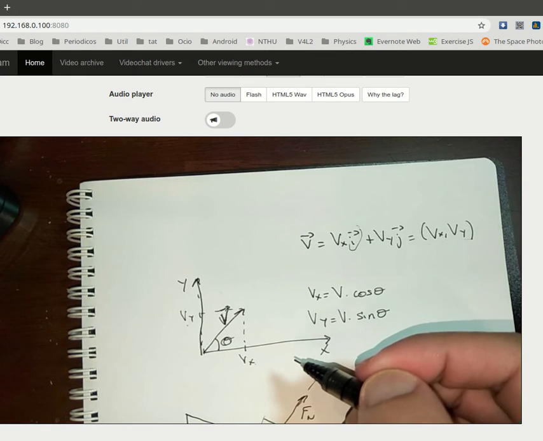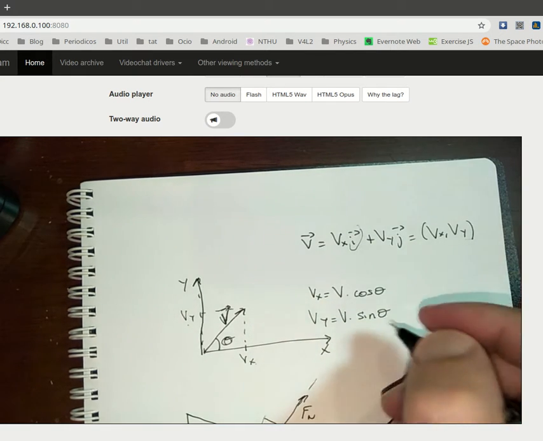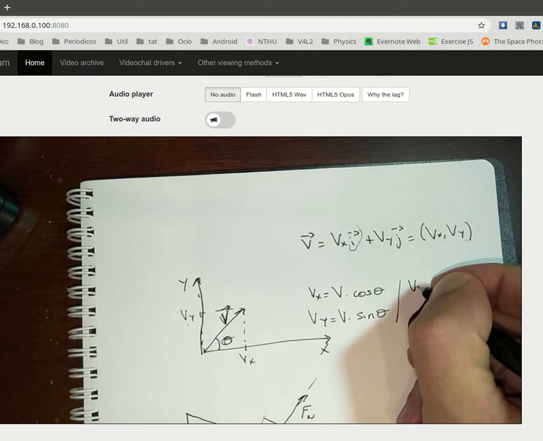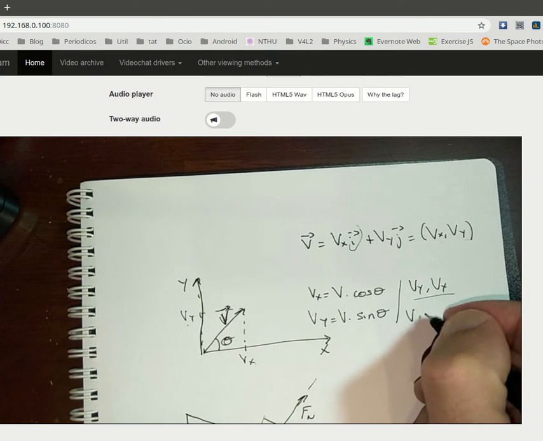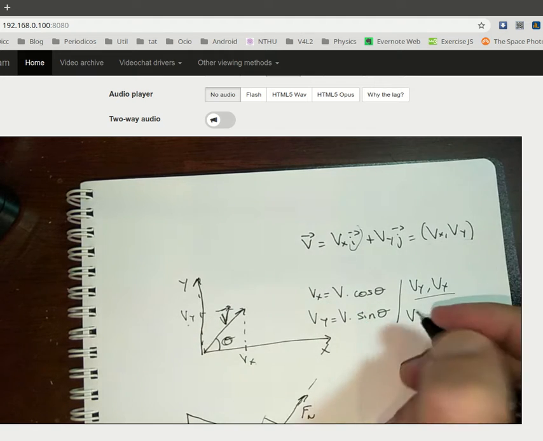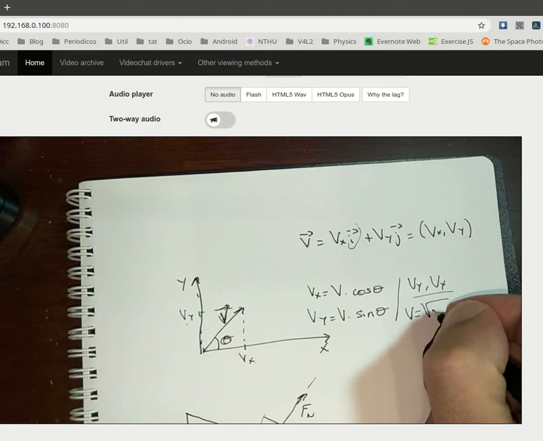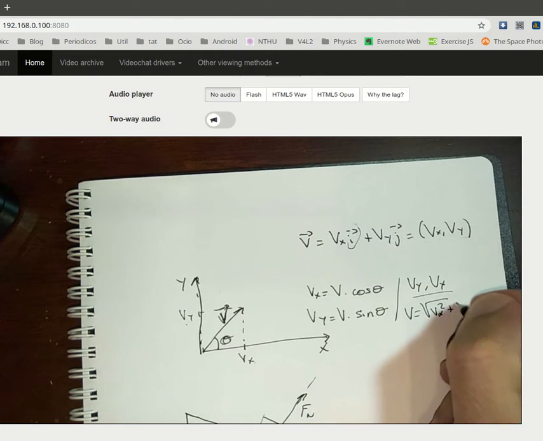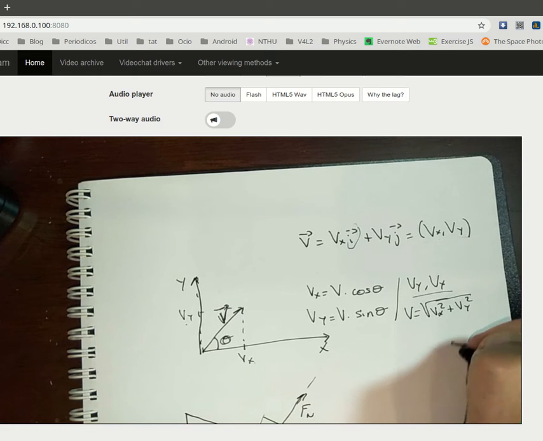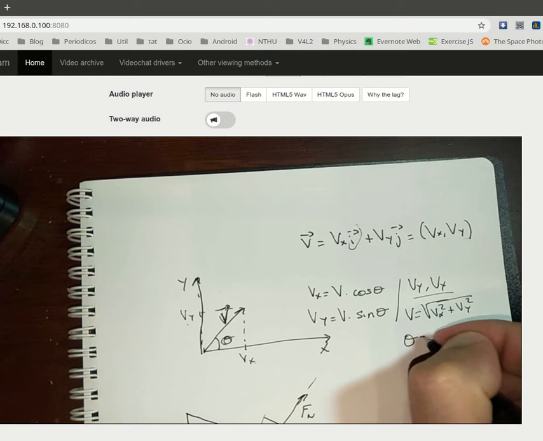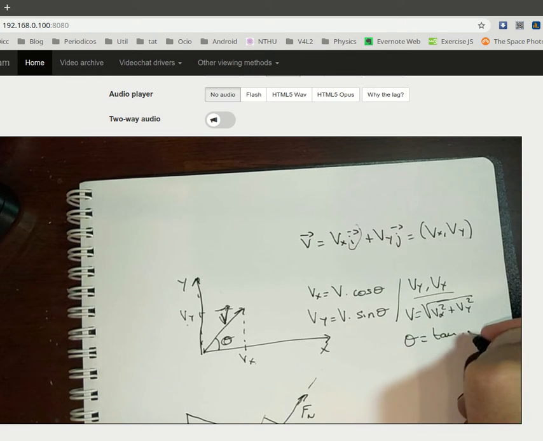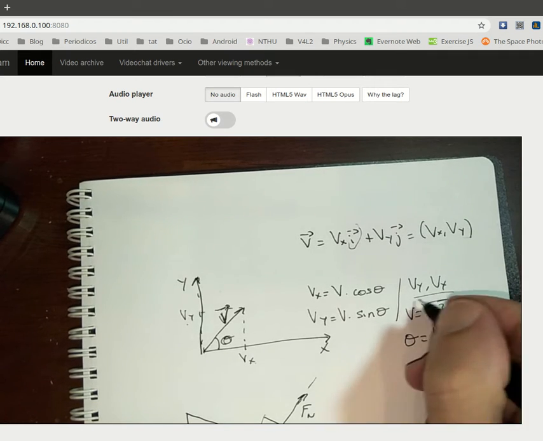If they give you vy and vx, to obtain v, the magnitude, it equals the square root of vx squared plus vy squared, and the angle equals the tangent inverse of vy over vx.